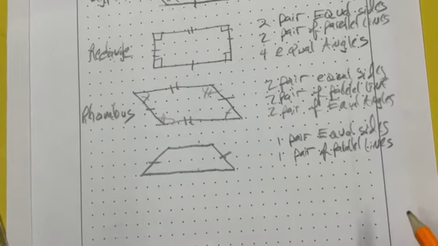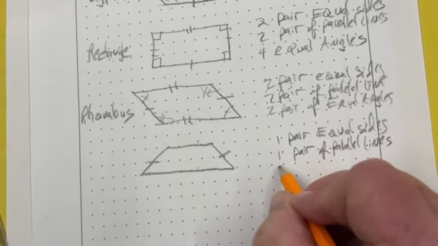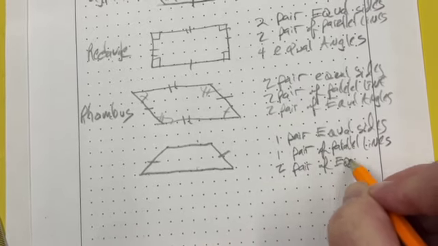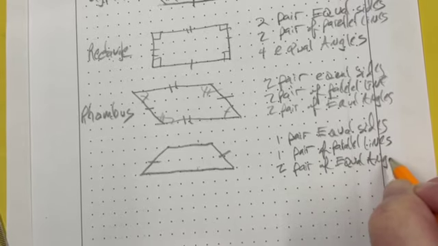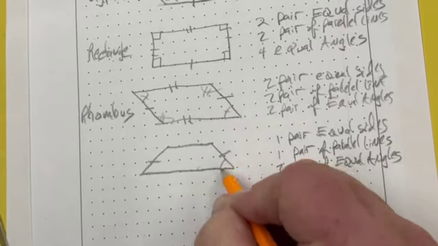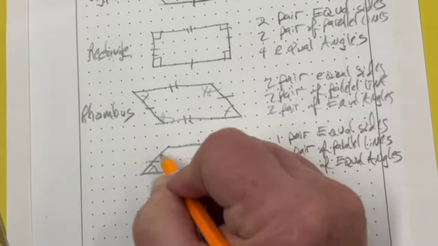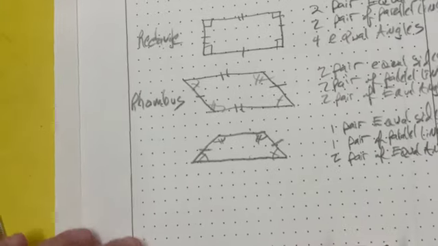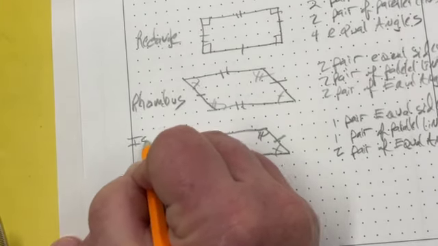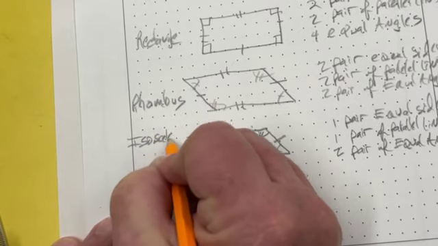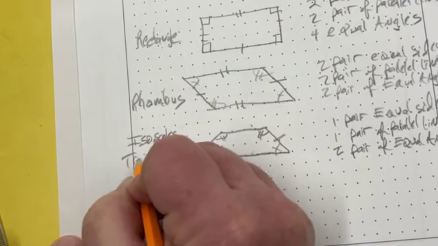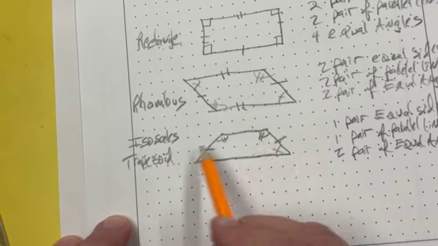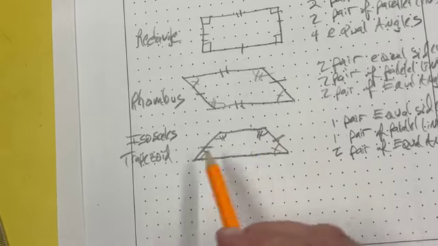And we have, well, in this case, two pair of equal angles. Because these are the same, and these are the same. This one is a special kind. This is an isosceles trapezoid. It's an isosceles trapezoid because it's balanced.